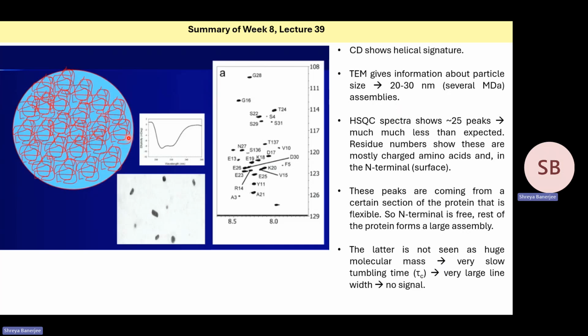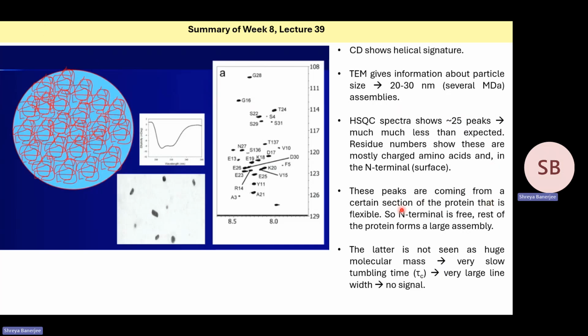Now, the problem is that in this kind of self-association, the number of peaks observed in the HSQC is very small. Only 25 peaks will be seen. And mostly these will be the charged amino acid residues or the ones at the surface. So if you have a large particle, the HSQC will only be able to show the peaks of the protons exposed at the surface.